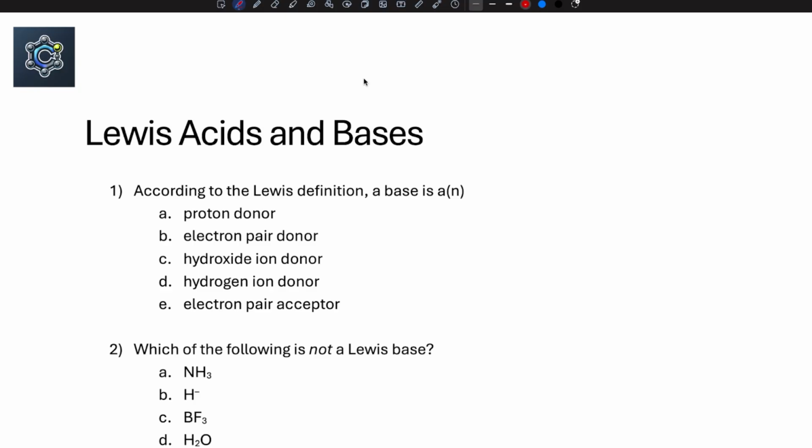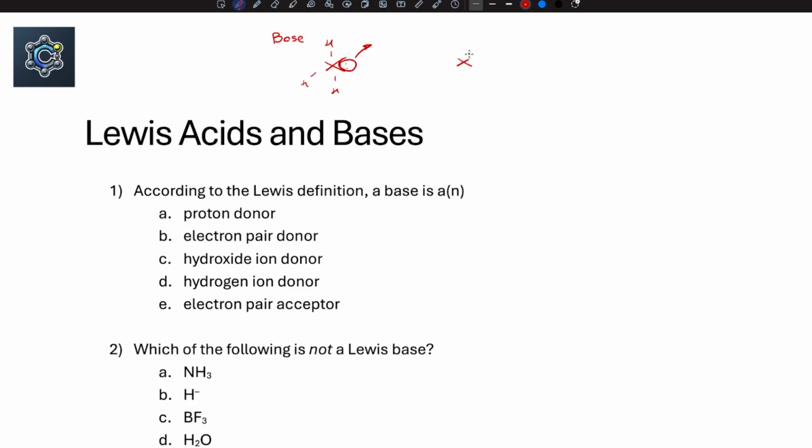So the really awesome way to understand what a Lewis acid and base is, is to use your Lewis structures. I'm just going to draw a generic structure with a lone pair. If we have this lone pair, we can donate it somewhere else, and this would define our Lewis base. Basically something that has a donatable electron pair.